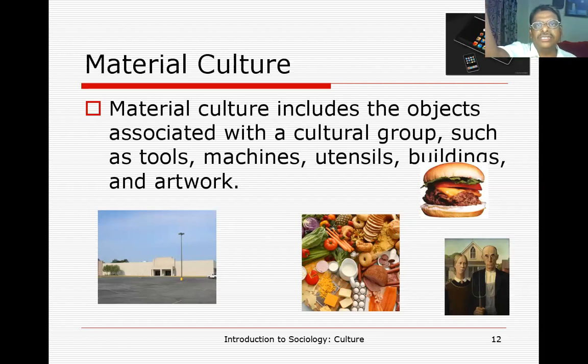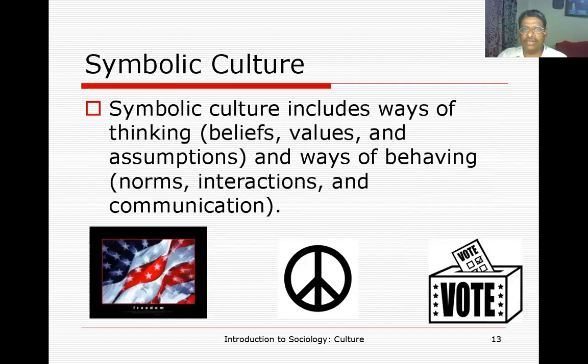These archaeologists, when they start digging here and there, they find some utensils of the ancient days. Through those utensils, they try to understand the culture of that period. So all of these are essential: material culture and then symbolic culture.